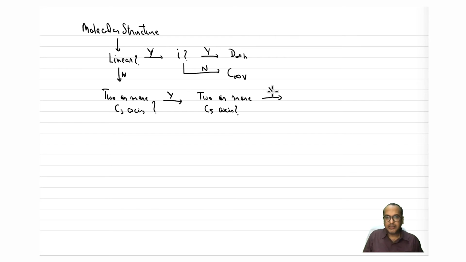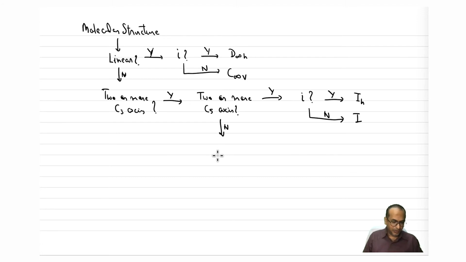If it is yes, then you ask again whether the molecule has an inversion center. I understand that it is becoming very messy, but as you practice it, I think it will become very clear. Then you assign it as IH. If it is no, you assign it as the subset I.